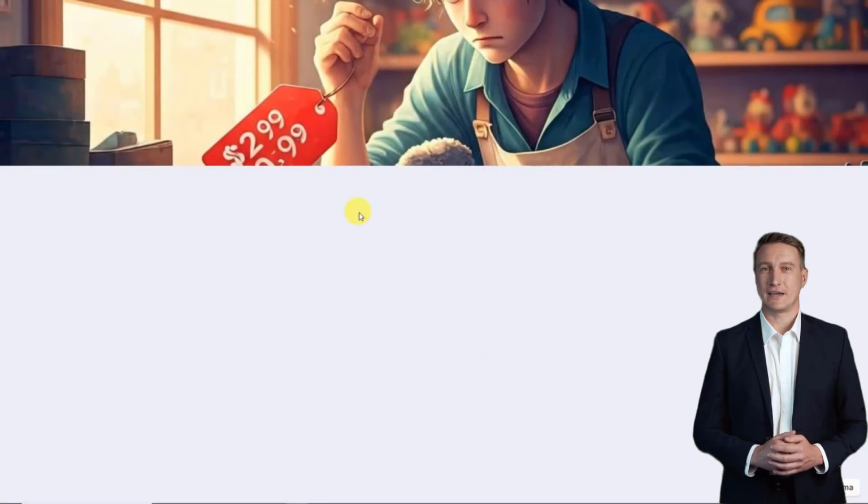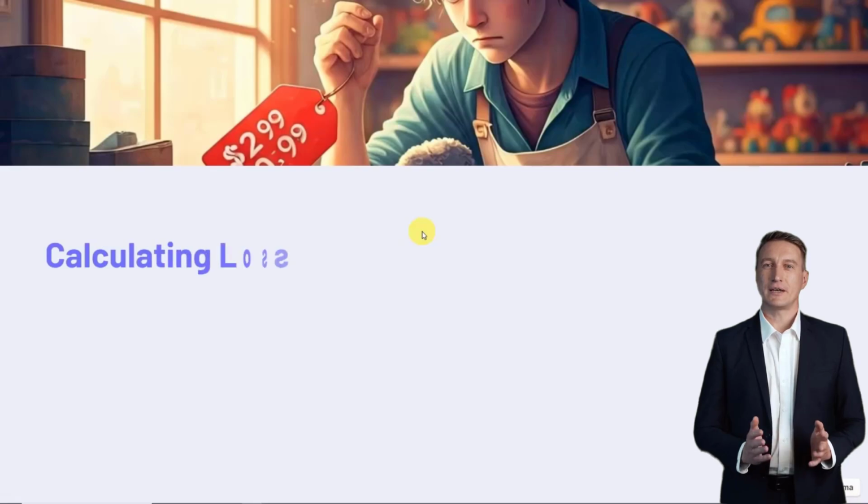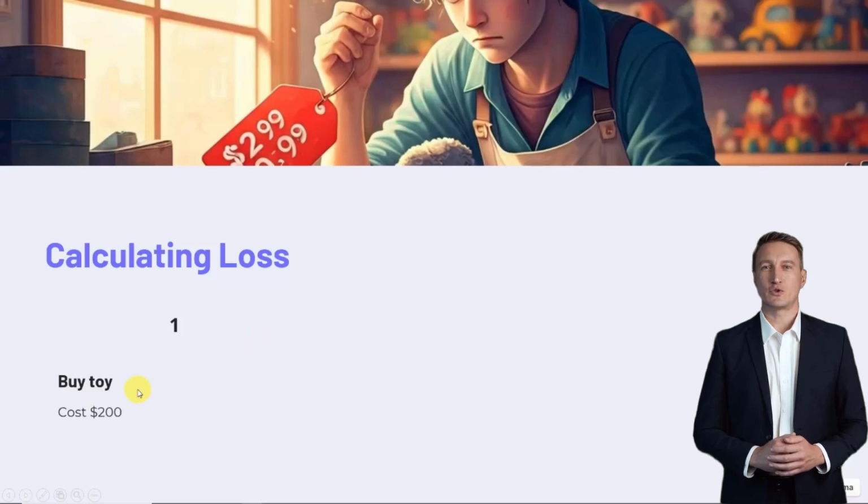Let's look at a simple loss calculation. The first thing is you have to buy a toy. The toy costs $200. That's an expensive toy. Secondly, you need to sell it, and the price you're selling it for is $180.